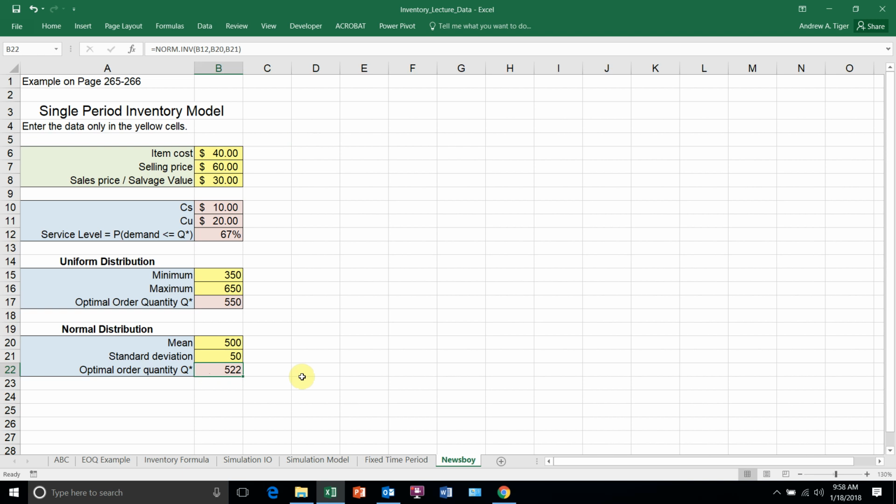We think that the demand for the season is 500 swimsuits, but it's not a constant. There's variability around that. And so what you should do to achieve a 67% service level is buy more than the average. If you would just buy 500, your service level would be 50%. Half the time you would have enough, half the time you wouldn't.